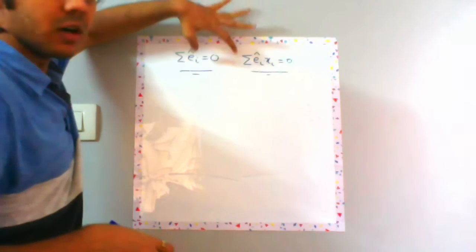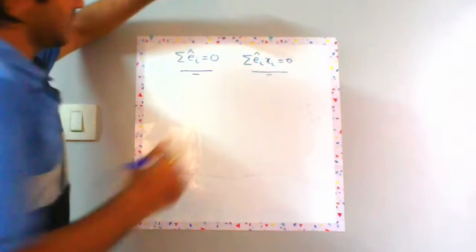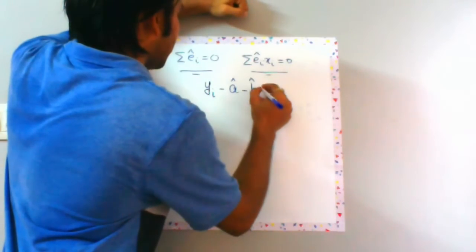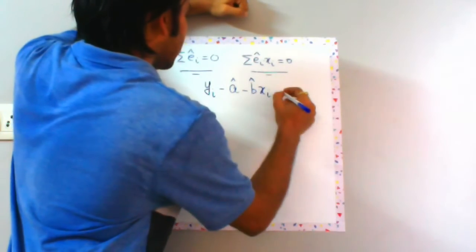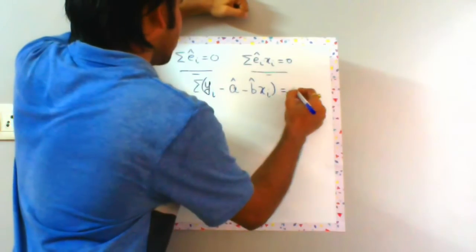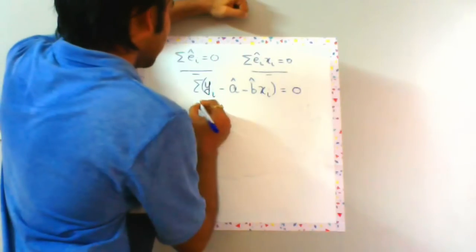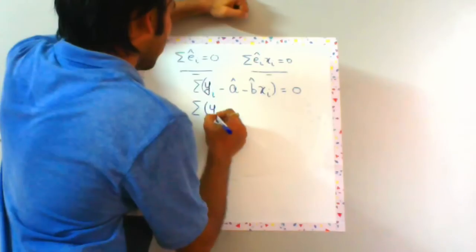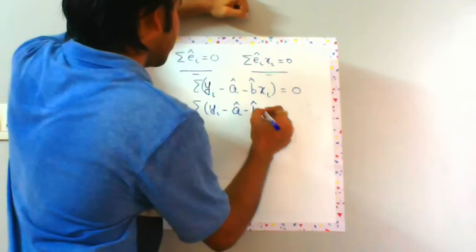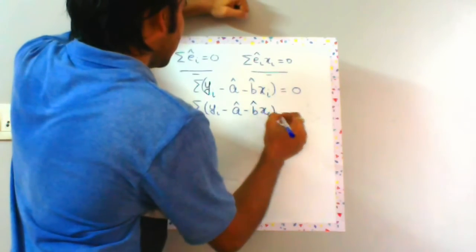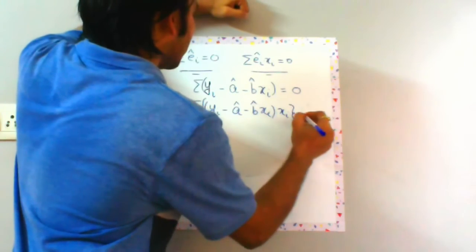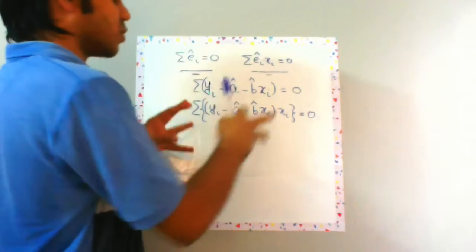Rewriting these normal equations, you will get summation of yi minus A hat minus B hat xi equal to 0, and summation of yi minus A hat minus B hat xi into xi equal to 0. Let's rearrange the terms over here.